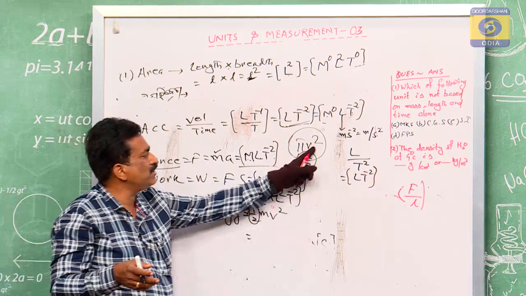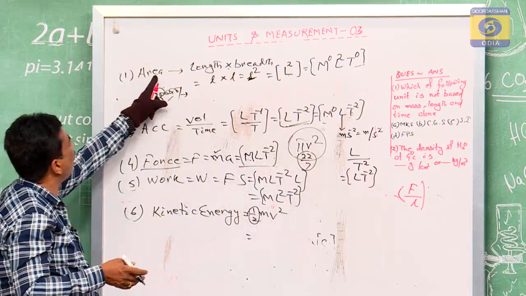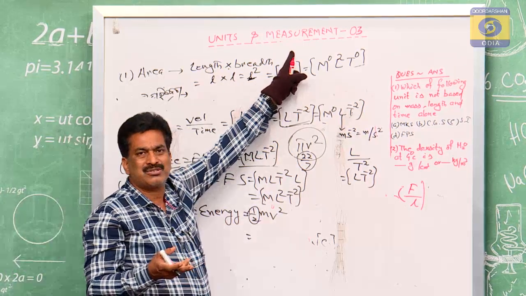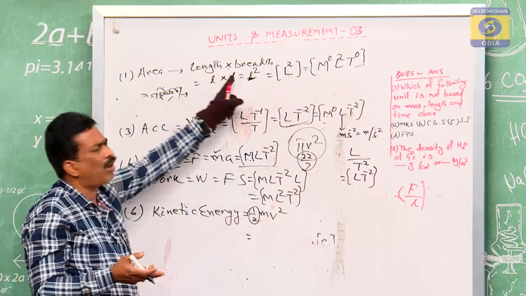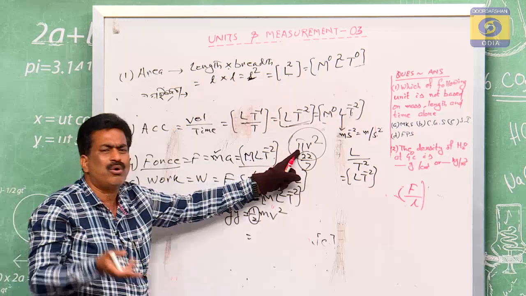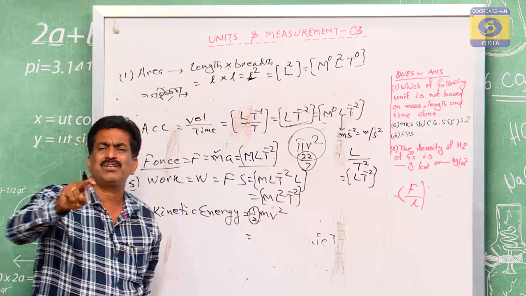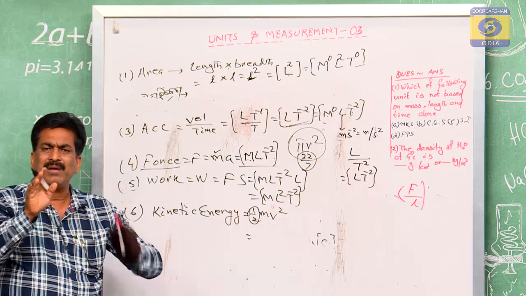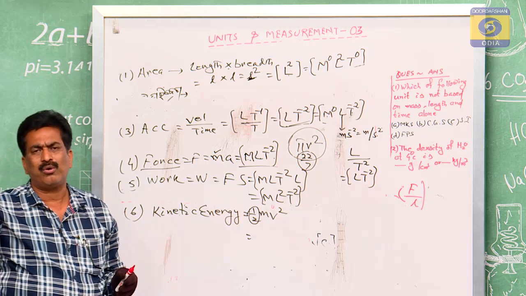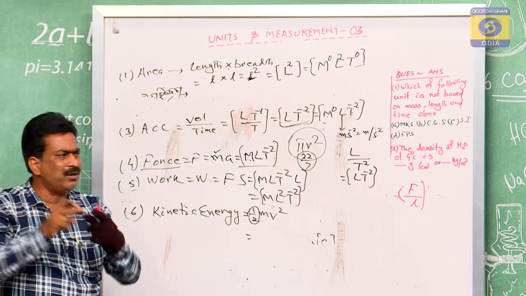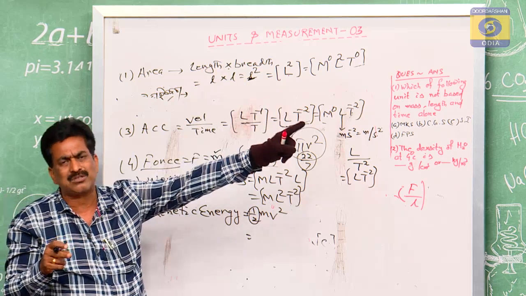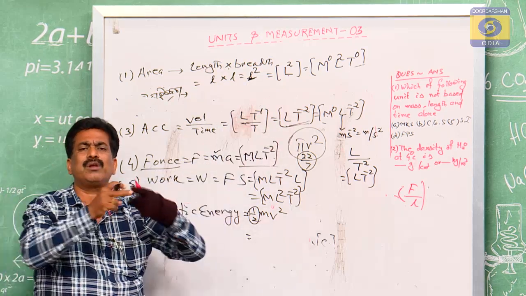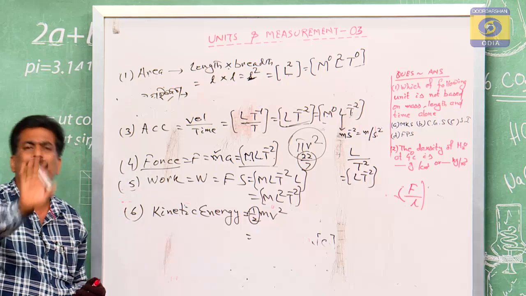L. So this is L square. You see, for area the dimension is L square. Either you go by this formula or that formula, the dimension will be the same. If the same symbol is written on your home and on another's home, both symbols will indicate the same meaning.